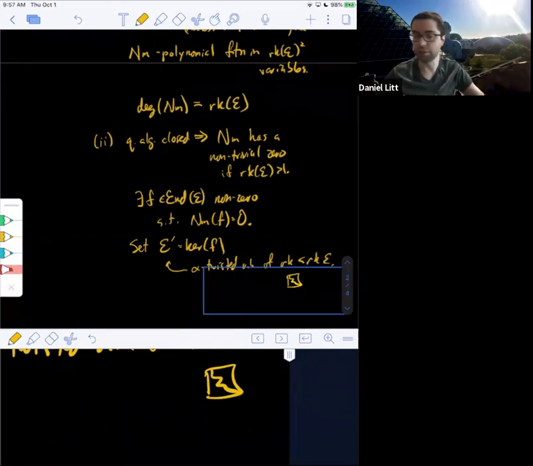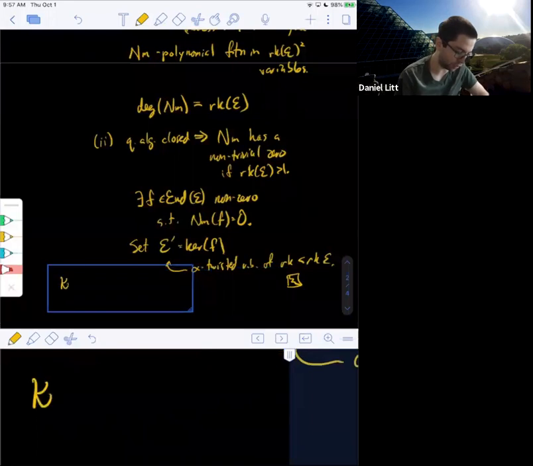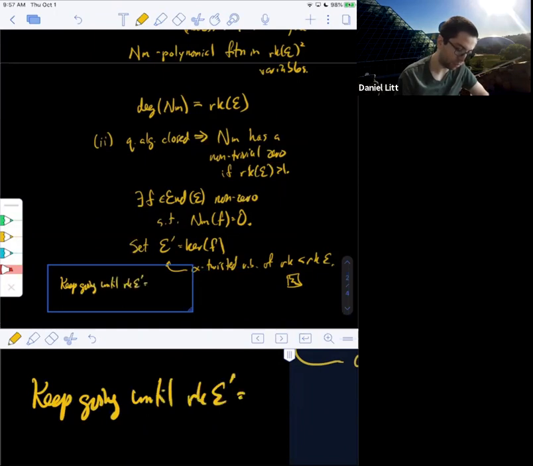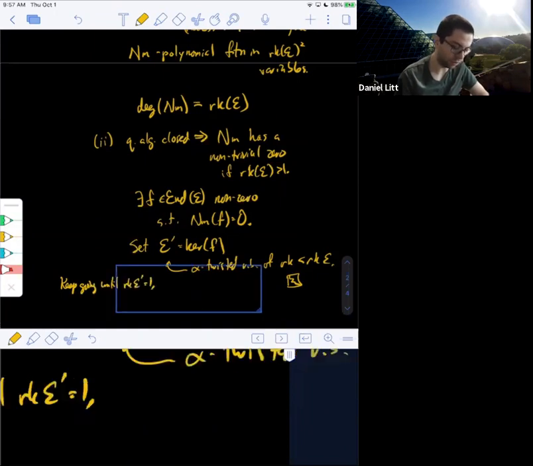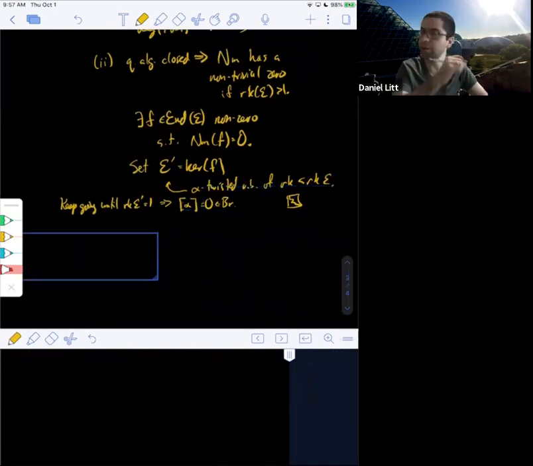And then we said earlier last time that having an alpha twisted line bundle implied alpha was the trivial Brauer class. So maybe let me write that. So keep going until you find something, and then you're done. So once you have an alpha twisted line bundle, this implies that the class of alpha is 0 in Brauer. Great. Are there any questions about that?